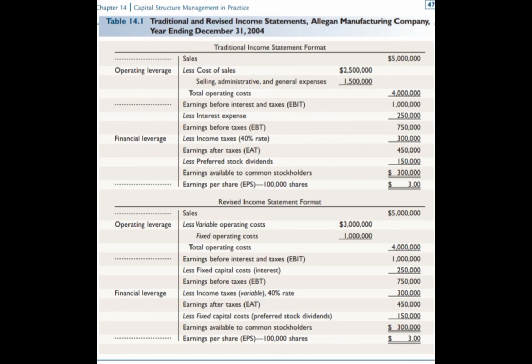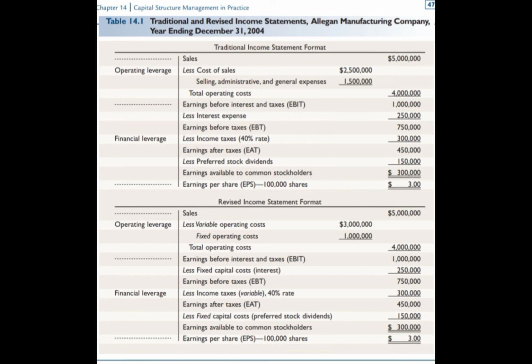Anya, ilas ang interest expense nga 250,000 na kay total nga 750,000 nga earnings before taxes. Anya, ilas na mulas na pagkag income taxes nga 40% rate nga 300,000 minus nimo siya na kay 450,000 nga earnings after tax or EAT.